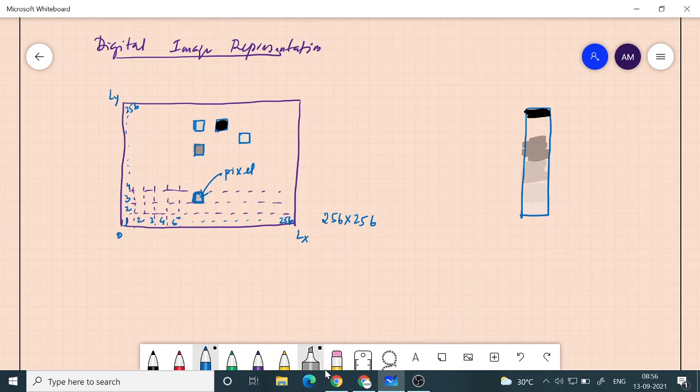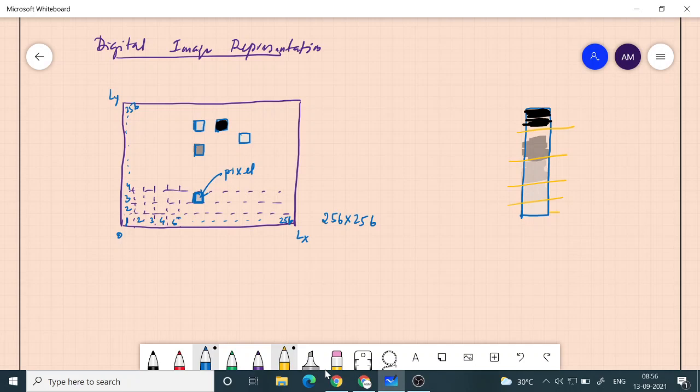I hope you can see this. So you can see different grayscales. This is one grayscale, this is another, this is another.